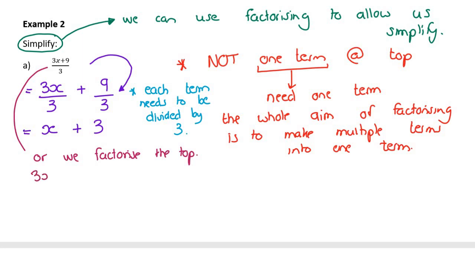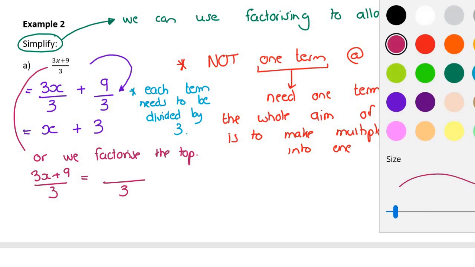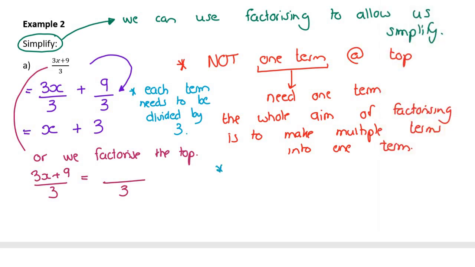So if I have 3x plus 9 over 3, I say to myself, well, the denominator is one term, so that's fine. The numerator is not. So what's the first thing I check for when I'm factorizing? I'm hoping we remember. It's a highest common factor. So I take out a highest common factor of 3, which leaves me with x plus 3.